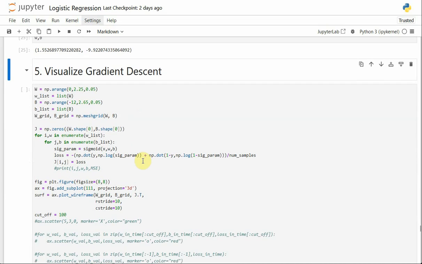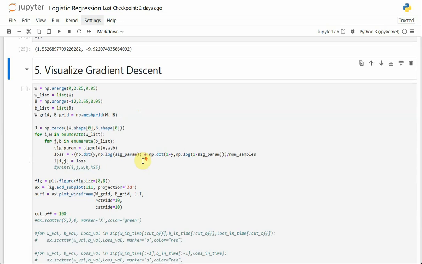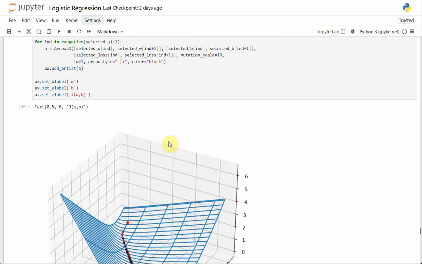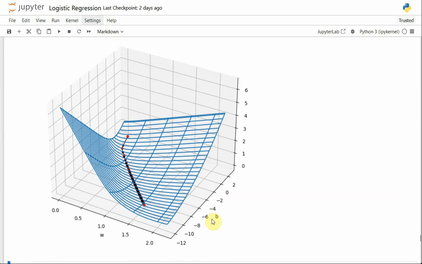Because we have a huge number of epochs or iterations, we will not draw parameter values and corresponding cost function values for each step, but we only take parameter values on each 100th step. So this is our gradient descent for logistic regression, where each point is shown after 100 iterations.